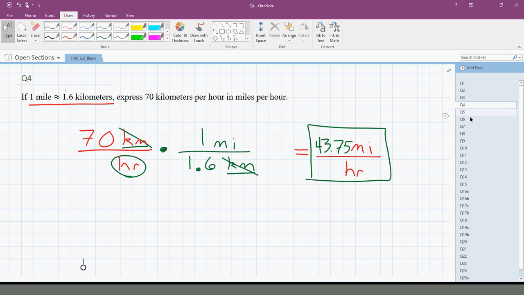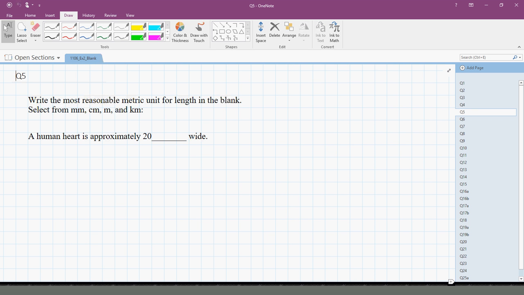Good. All right, number 5. So a simple question. We want to put one of these 3 symbols in that blank, or one of those four symbols. So remember when I talked about this in class, when you're thinking like millimeters, think like the size of a pill. Okay? When we're thinking kilometers, think like miles. When you're thinking a meter, think of like a yard on a football field.